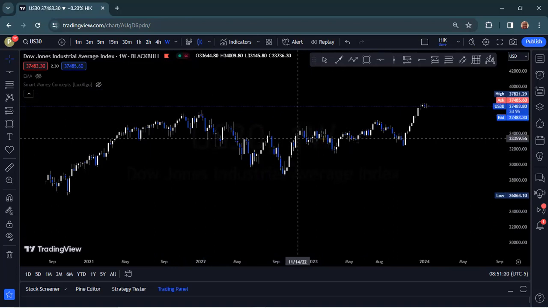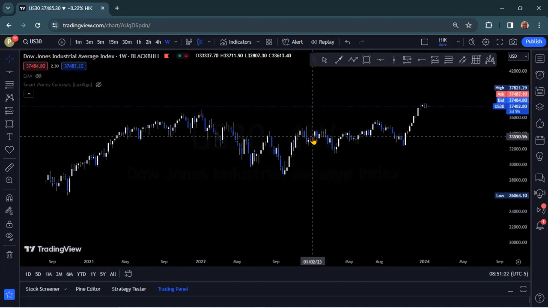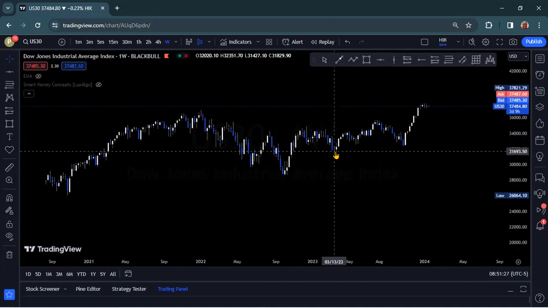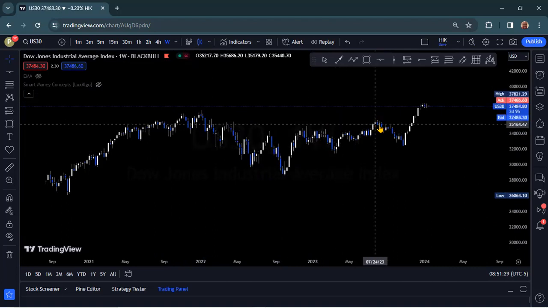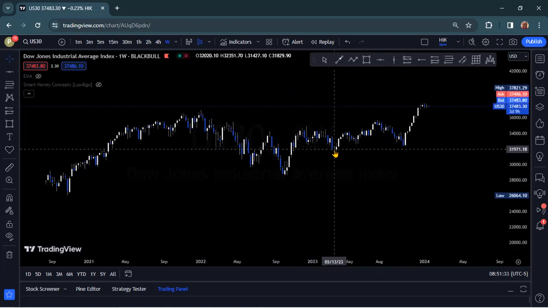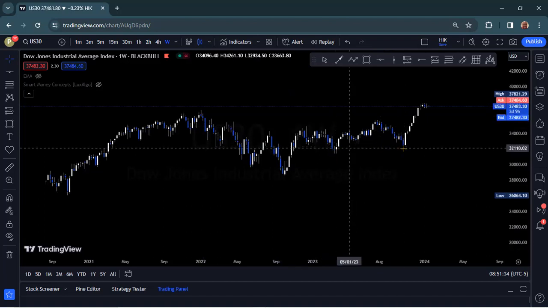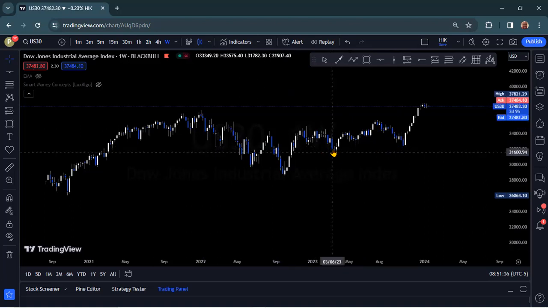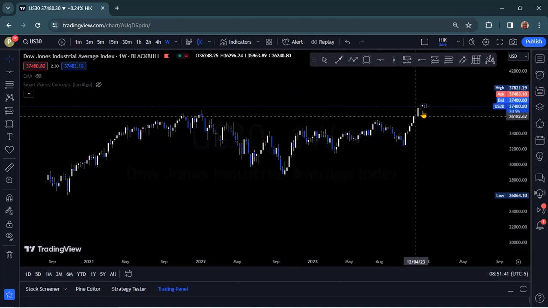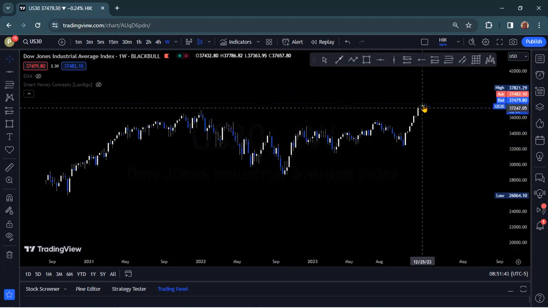Right here, pretty much we're going sideways, so this is consolidation. Then we dip down, made a lower low. Then we dipped up, made a higher high. Dipped down, made a lower low, because this low is higher than this low. So this is a lower high, right? And then it shot up here and created a new higher high.